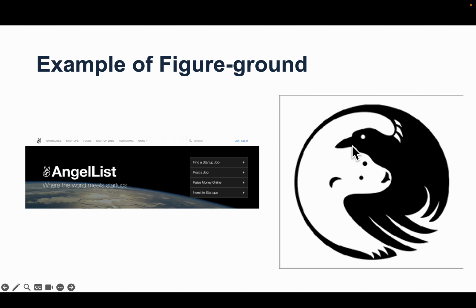Yes, and also in this example, we can see the eagle and the bear just support each other to stand out.